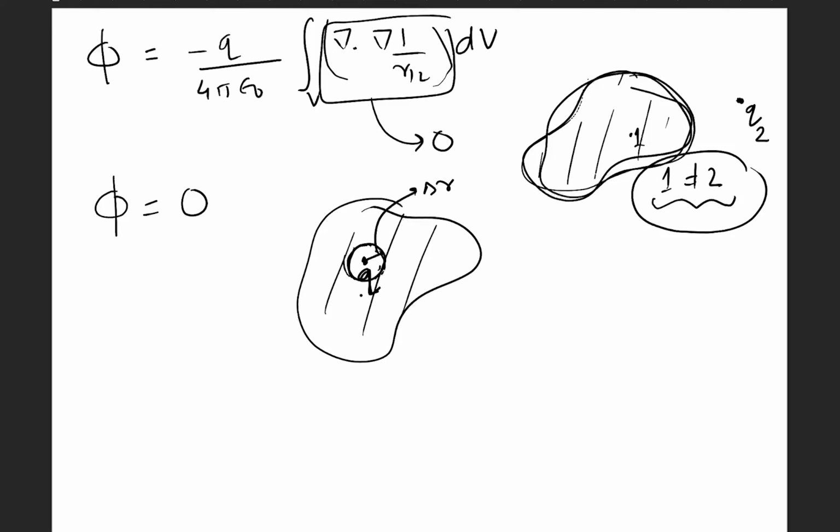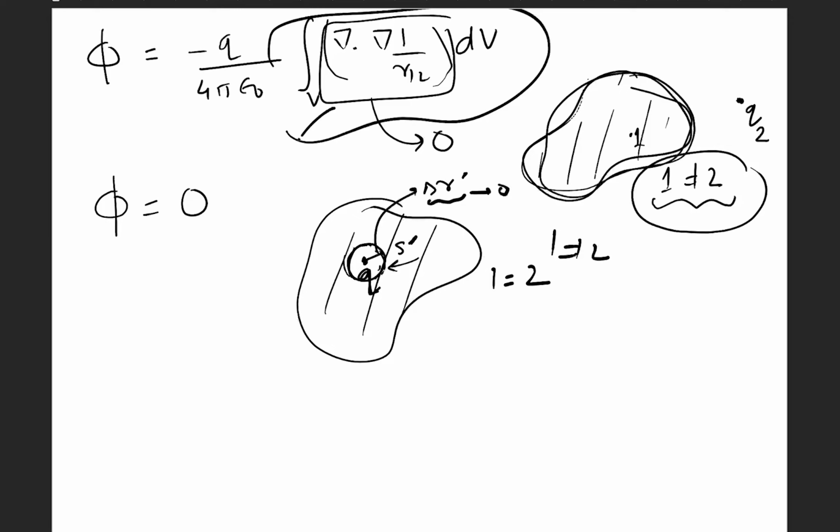So just for this surface S dash, this sphere, we will have to bother about this integral, because for all other points 1 is not equal to 2 and this integral goes to 0. However, in the limiting case of this delta r dash going to 0, 1 is equal to 2 and we have to solve this integral further. So now let us solve just for this very small sphere.